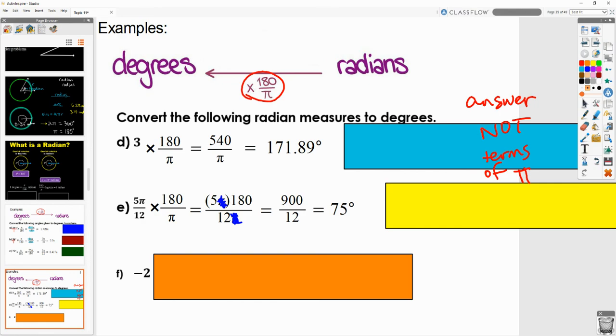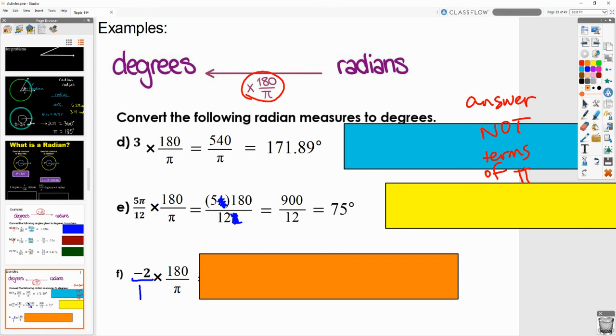Next we're going with negative 2 radians. I know we haven't talked a lot about negative angles, but that is something that can happen. If your angle is measured as negative 2 radians, we can put that over 1. It doesn't change its value, and we multiply times 180 over pi.